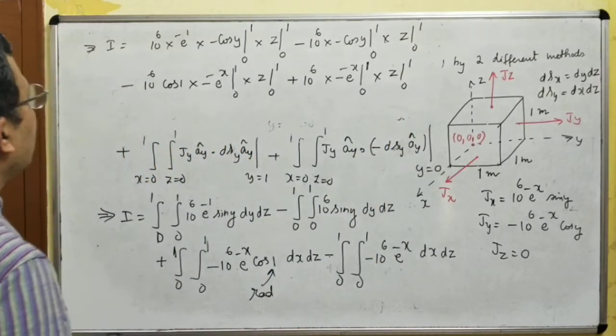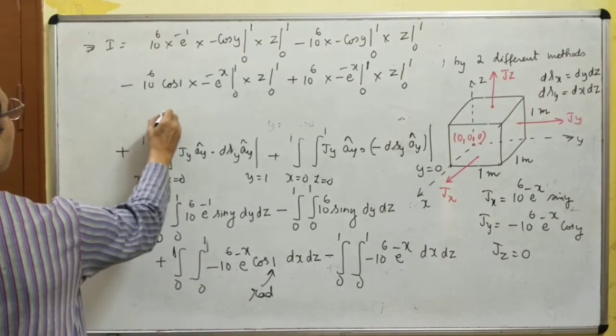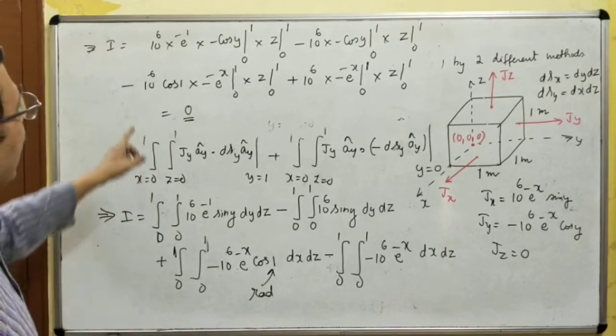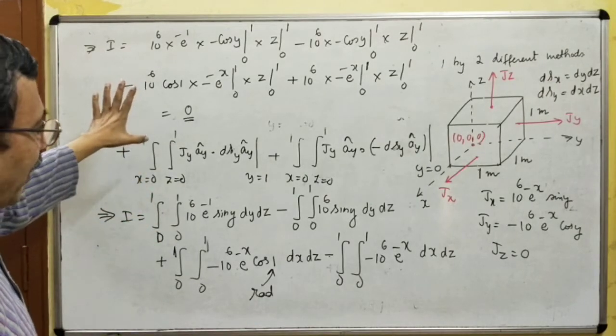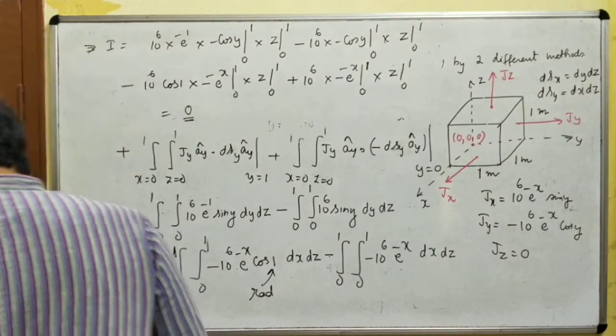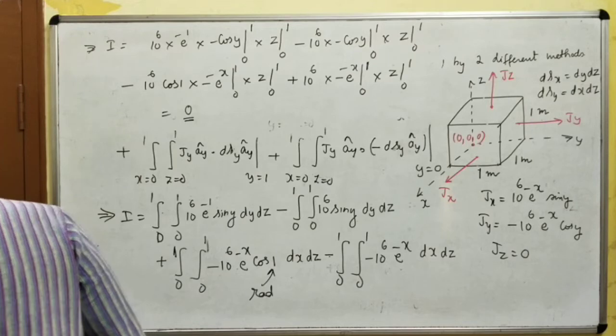If you put the limits, you will get the answer as 0. This you please check. The evaluation of the integrals is being very clearly explained to you. So please evaluate, you will get the answer equal to 0.